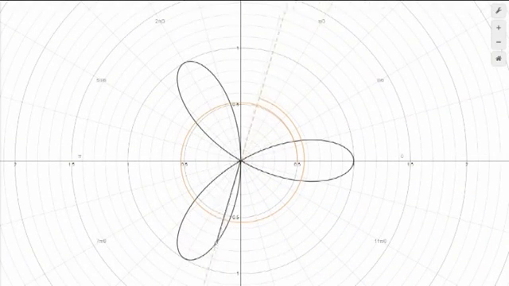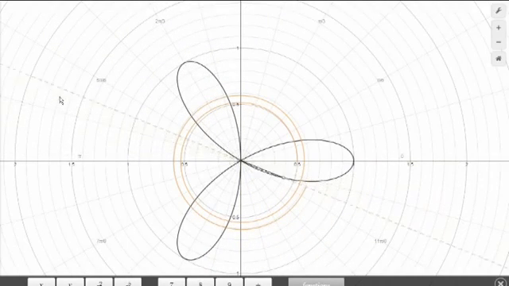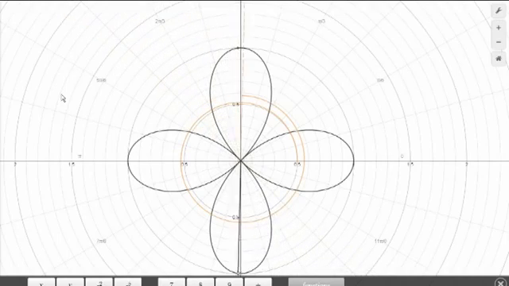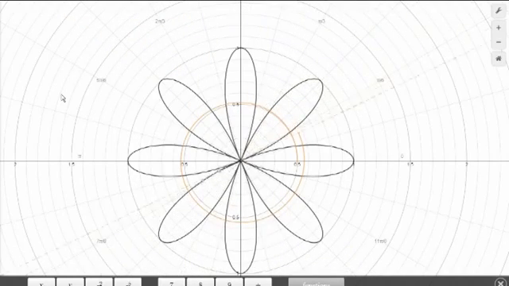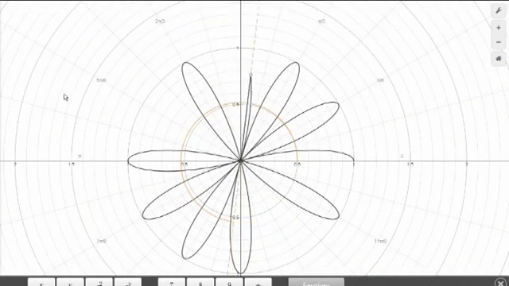It's rotating in and out like so, and it retraces itself over and over and over again because this is cosine 3 theta. If I plot cosine 4 theta, 5 theta, 6 theta, 7 theta, it makes these different, what they call rose petal curves. So this is 3 theta, this is 2 theta, here's 4 theta, 5, 6.